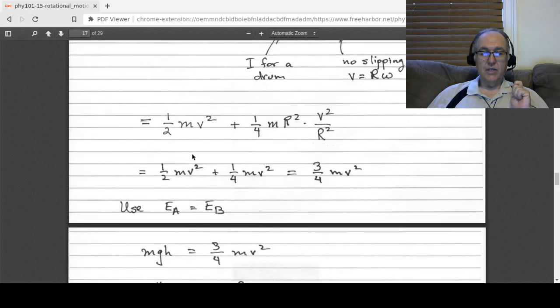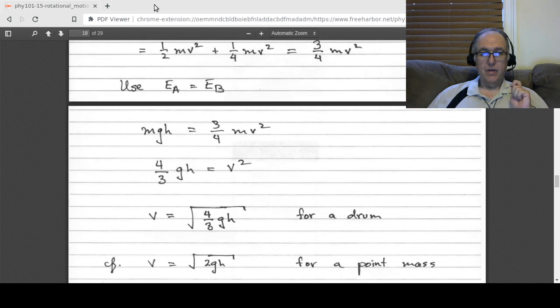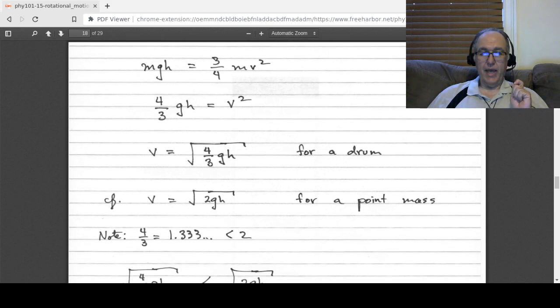Since the energy at the bottom must equal the energy at the top, we have that mgh must equal 3/4 mv squared. And now solving for v, we get that v is equal to the square root of 4/3 gh for a drum. That's different, isn't it? That's different than what we got for a point mass, which was v equal to the square root of 2gh.